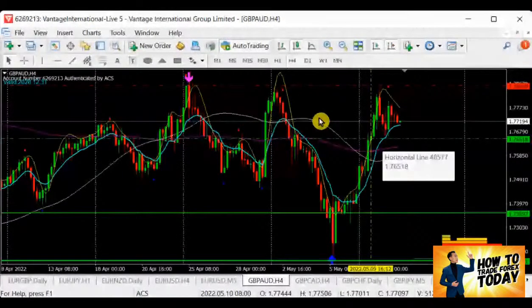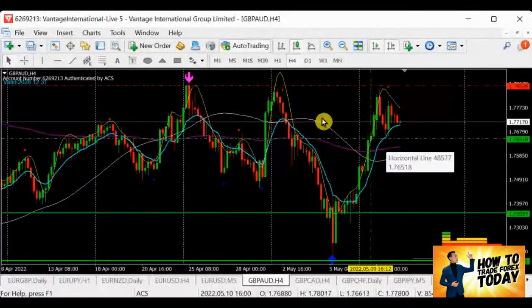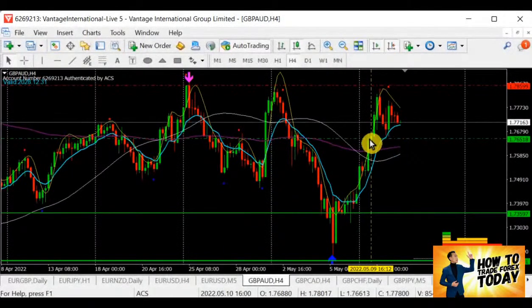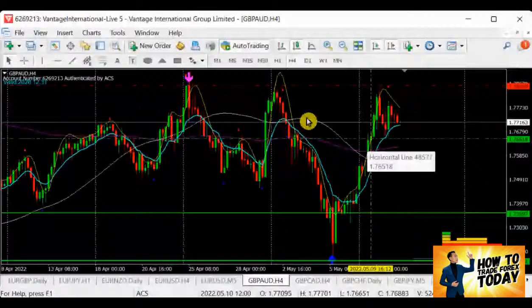Yesterday I was talking about this. So the support was here, and why I put the support here is because of my system here. This aqua over here is stopped here. It shows here.